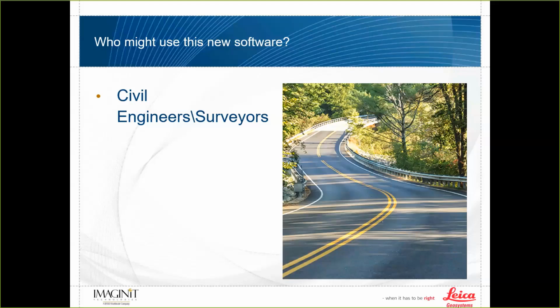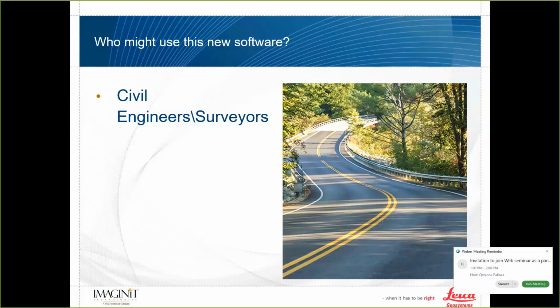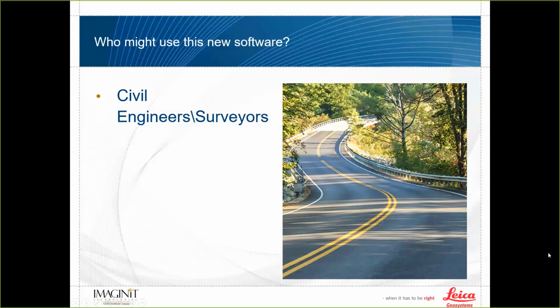Now we're seeing that some of those folks have said, all right, great, we're going to start using drones, and we're going to start using terrestrial scanners. One of the things I've found is that sometimes that data is a lot of data for what we're used to in the civil engineering world. We're going to take a look at how this data can be used, but for now, let's talk about other groups.